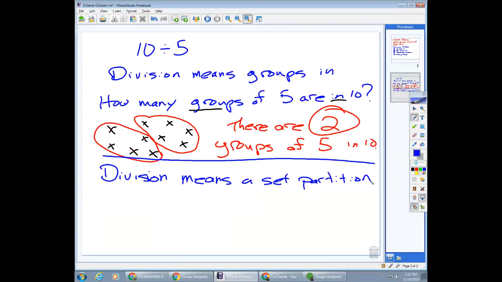A partition is something that splits things up. It divides something. So here, what is the question that's being asked? Well, it's kind of 2 parts. If you split 10 into 5 groups, how many are in each group?